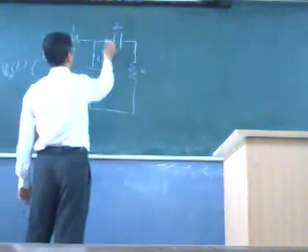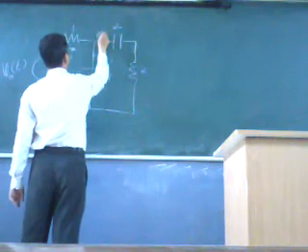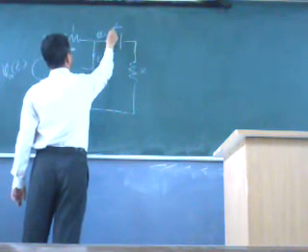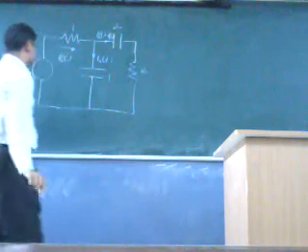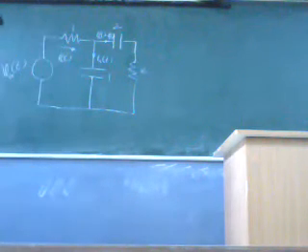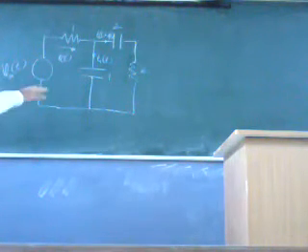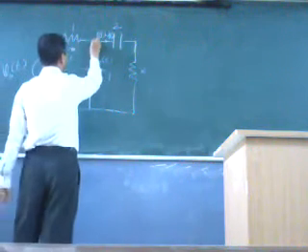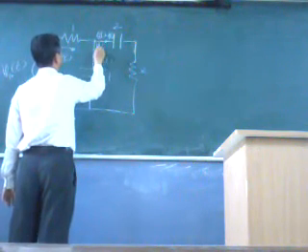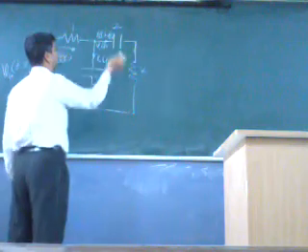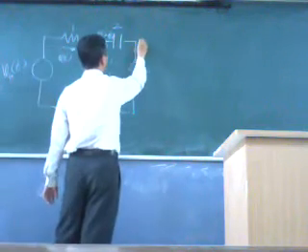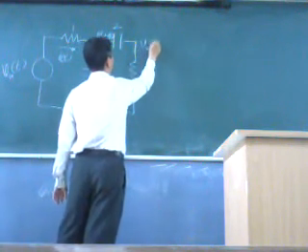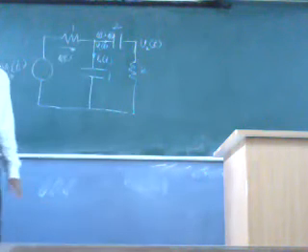This is I(t) minus I1(t). And then one more thing which may be required, that is V1(t), and maybe you are required to presume something as V2(t), right?